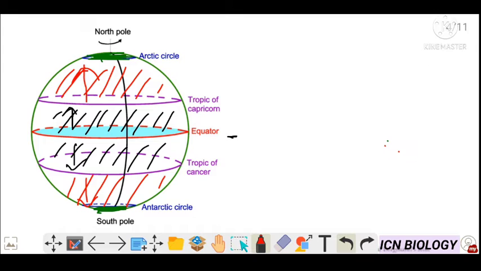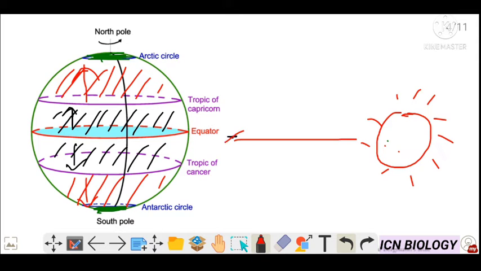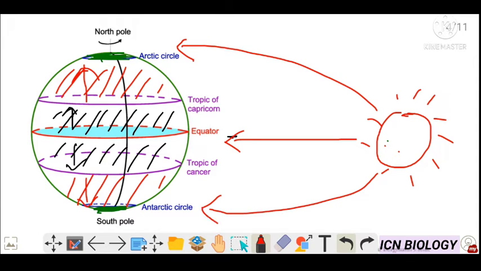To know, we have to draw this diagram. Suppose this is the sun. The sun is nearer to the equator, but the sun is far away from the polar region, the North Pole or South Pole.